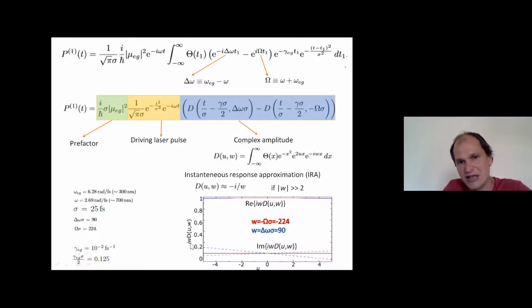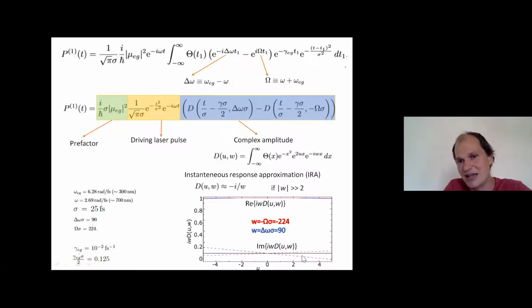I plot actually iW D, which should be equal to 1 according to this equation. So you see that for 90, the blue line for example, the real part is really 1, and it has some imaginary part which is 0. This is the center of the pulse, and this is basically, for example, the 2 sigma of the pulse. So we are in the pulse wing somewhere.